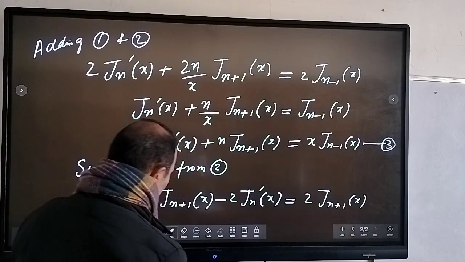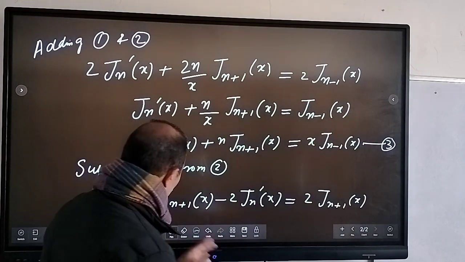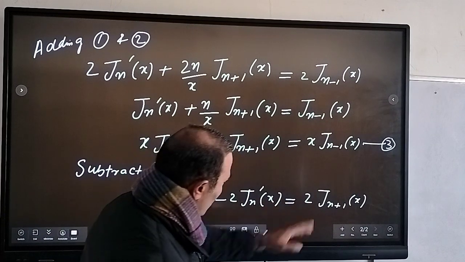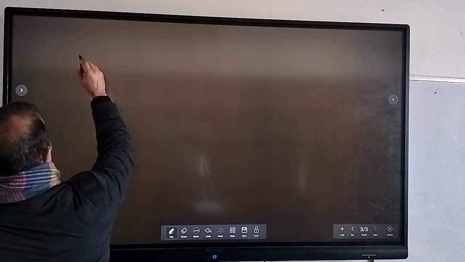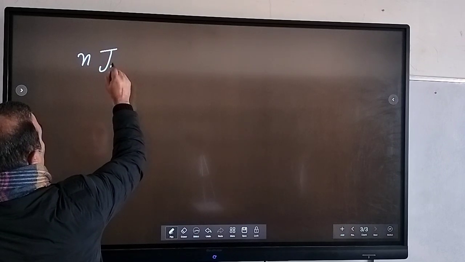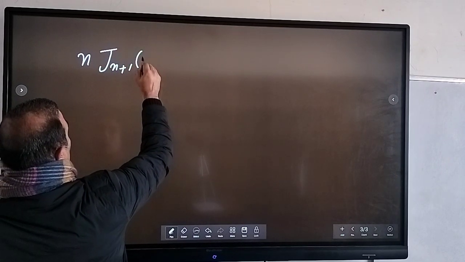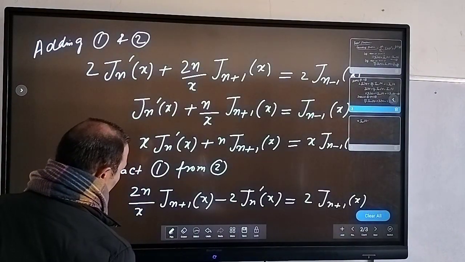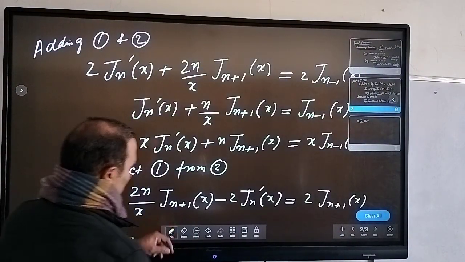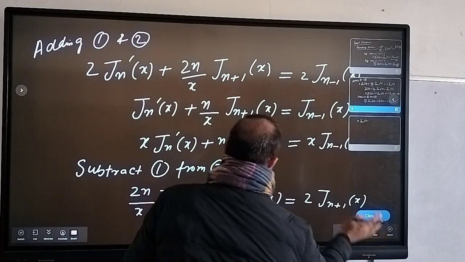Or you can rewrite this: because 2 will cancel on both sides, you multiply this x to these two terms, right? So you will get Jn plus 1 of x minus x jn dash of x.